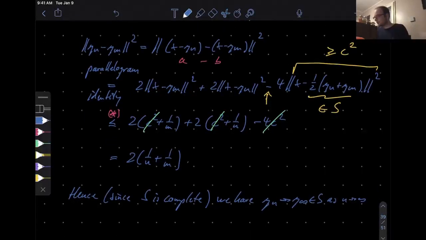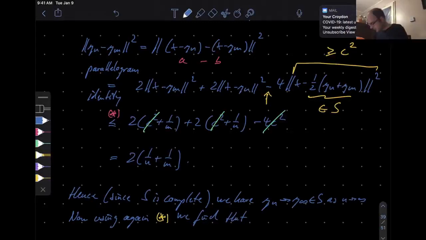Now, using again the yellow star above, we find that the norm of x minus y infinity is indeed equal to c.